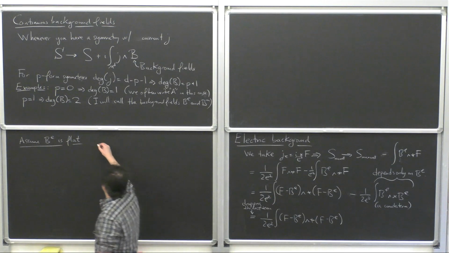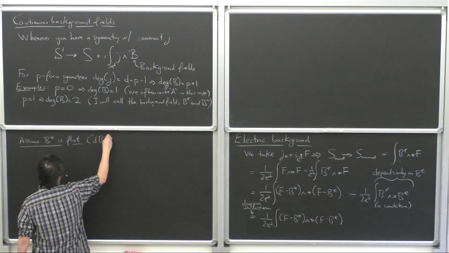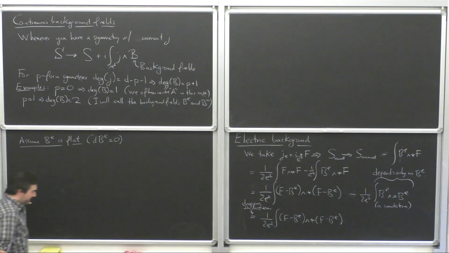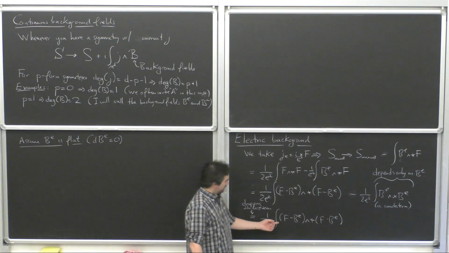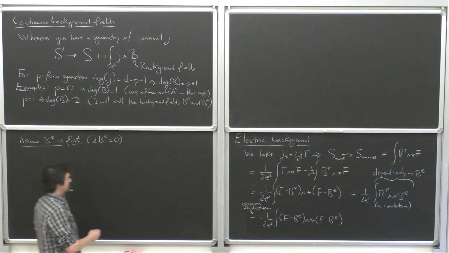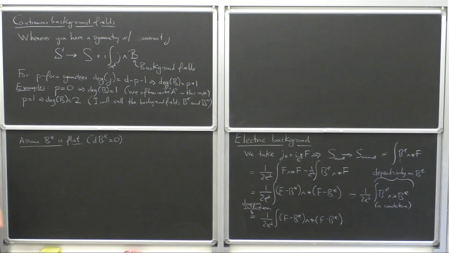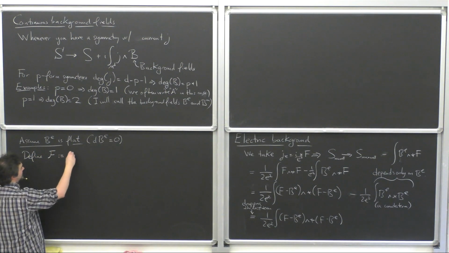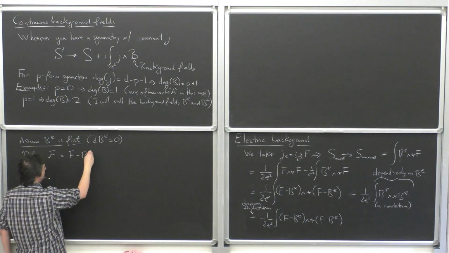And remember that flat means that dB is 0. Okay, so now this whole thing can be thought of as a connection on a bundle which is improperly quantized. So let's see this. Define what in string theory is often called curly F, which is nothing but straight F minus B.